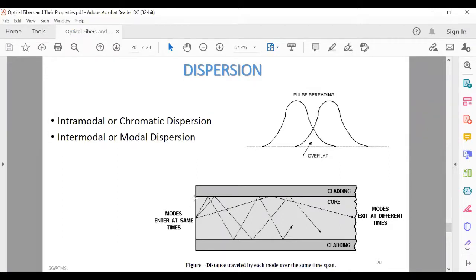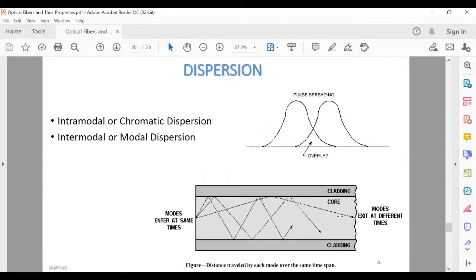Now modal dispersion occurs because each mode travels a different distance over the same time span, as it is given here. This condition causes the light pulse to spread.